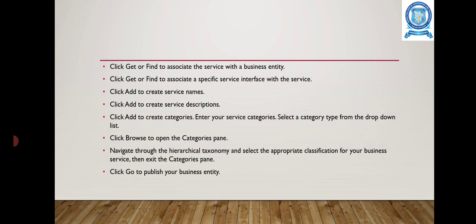Then select a category type from the drop-down list. Then click Browse to open the categories pane, navigate through the hierarchical taxonomy and select the appropriate classification. Then click Go to publish your business entity.